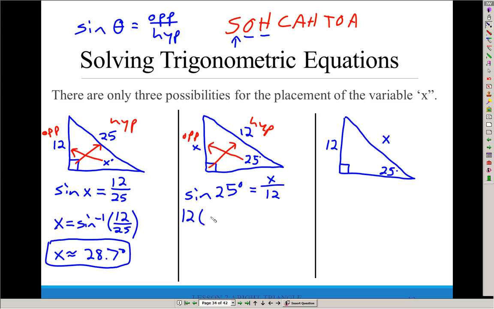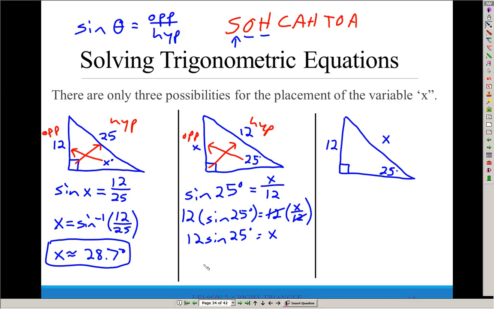So 12 times the sine of 25 equals 12 times x over 12. These 12s cancel, which is what we wanted. And we just have 12 sine 25 over here. Now punch it in. Don't punch anything in until the last step here.